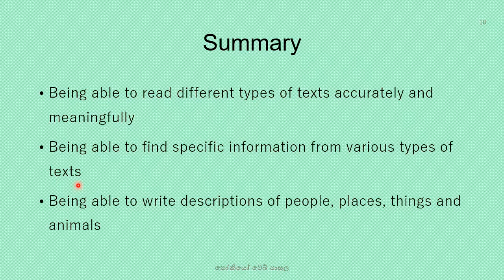So we saw whether some statements are true or false, and then we found the meaning of a few words or phrases. And the last thing we learned was to write descriptions of animals. In this specific case, it is birds. So we saw how we should write descriptions of birds.